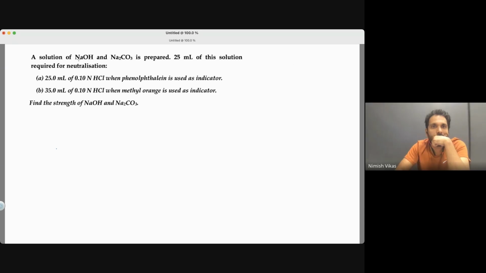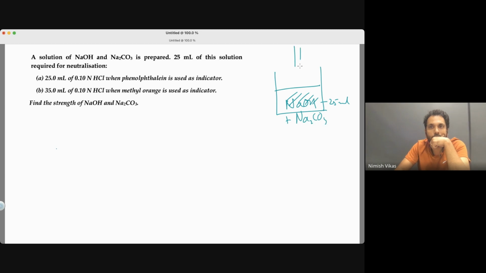No, we have the base, NaOH and Na2CO3, and it required this much for neutralization, so this is the 25 ml. Is it not very obvious? You can add anything to anything, but here it is clearly said it is 25 ml of the solution of the NaOH plus Na2CO3 mixture.